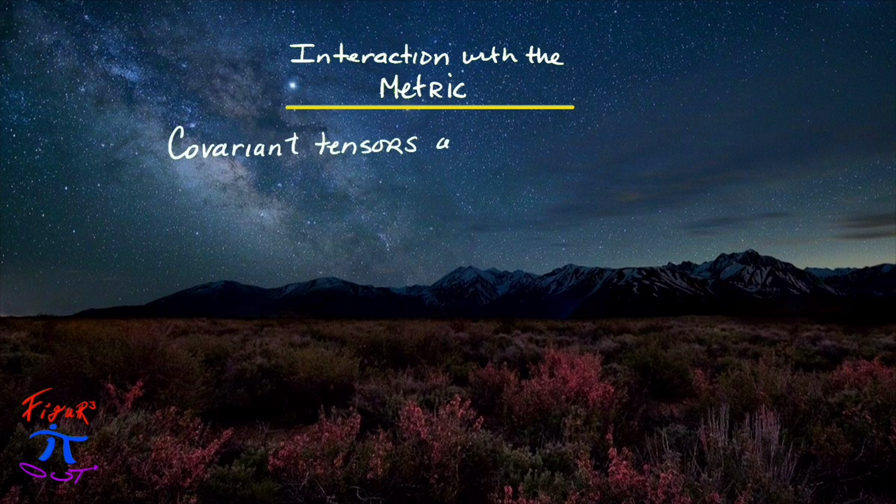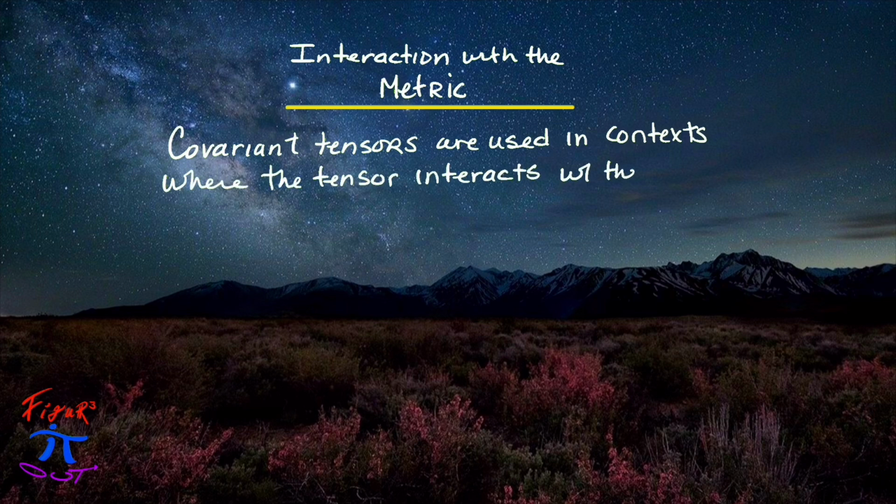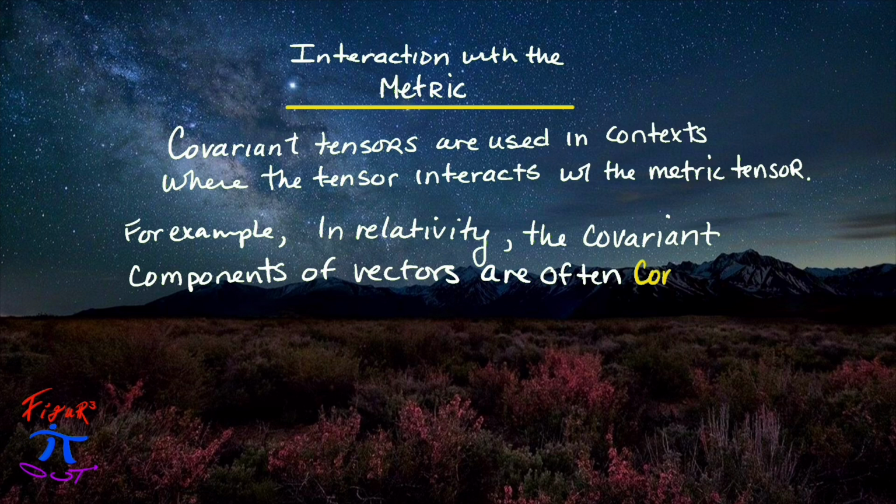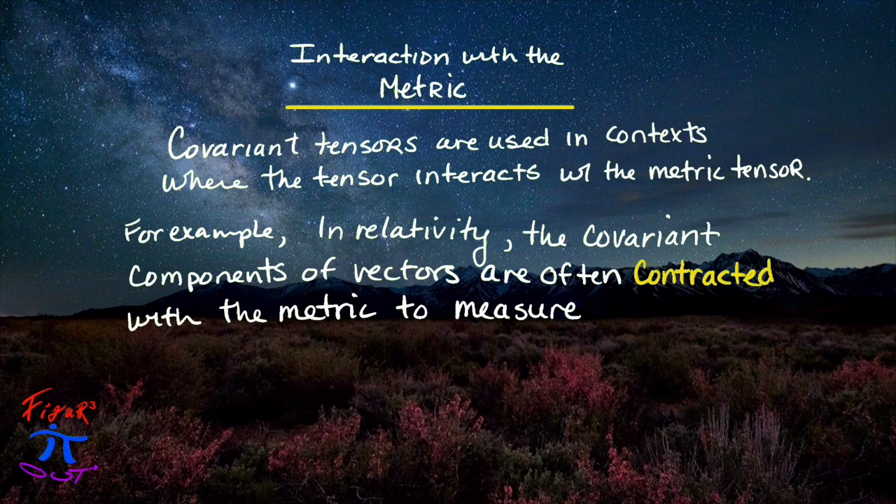Interaction with the metric. Covariant tensors are used in contexts where the tensors interact with the metric tensor. For example, in relativity, the covariant components of vectors are often contracted with the metric.